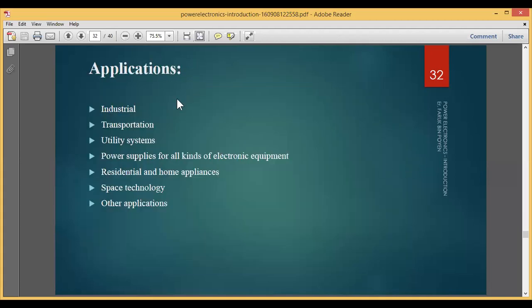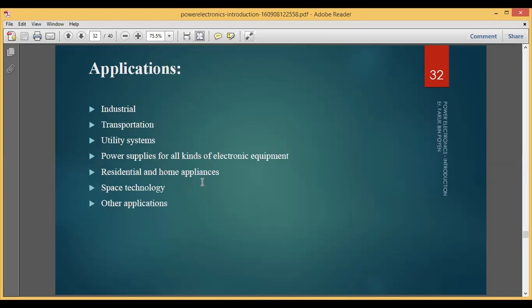The other applications are industrial applications, where very big machines are used. Then transportation, for example the car, the locomotive trains or the metro trains. Then utility systems, where we can use UPS, power supplies, and any electronic equipment you may find with power electronic devices.